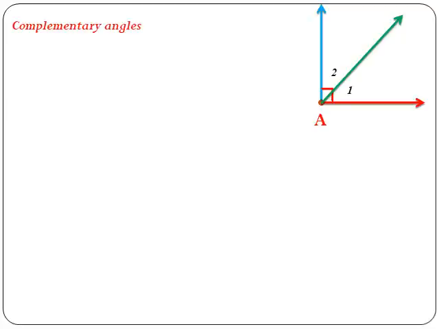And their sum is equal to what? The measure of angle 1 plus the measure of angle 2 is equal to 90. So if I have two adjacent angles whose sum is equal to 90, the two angles will be complementary. The relation between the two angles is complementary angles.